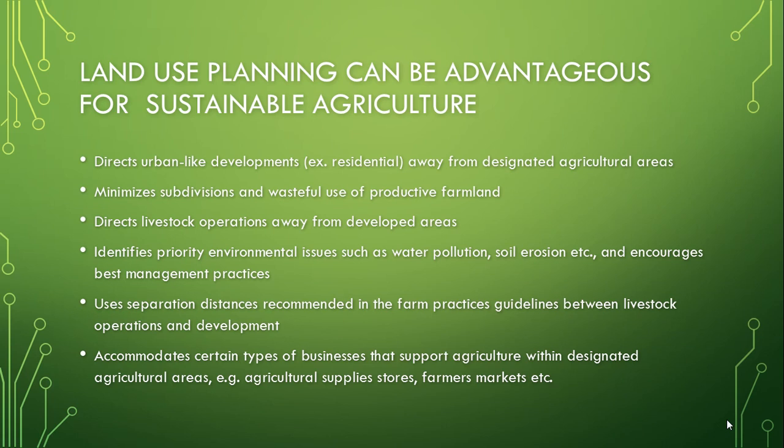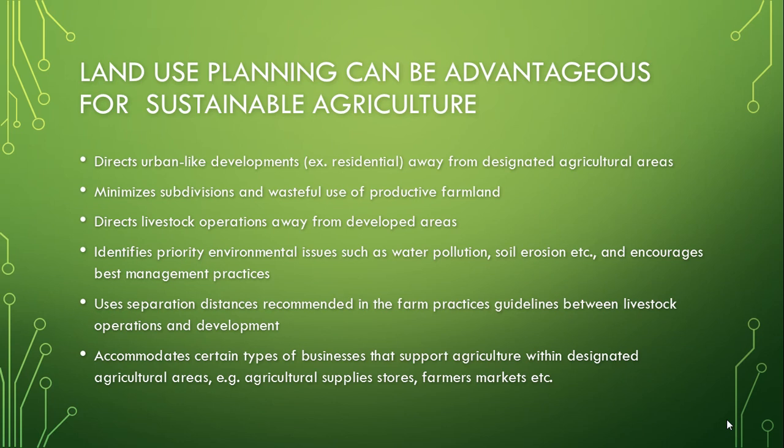Land use management uses separation distances recommended for farming practices, based on guidelines, to separate activities such as livestock farming operations and developments, as mentioned before. So this, for example, can be to apply buffer distances where you believe the environmental and health impact would be minimized.